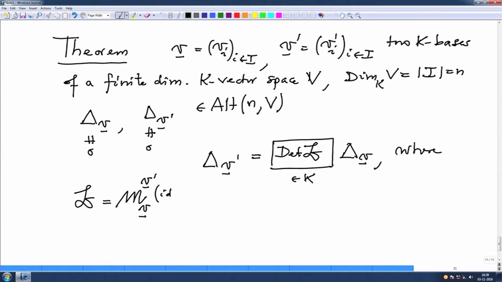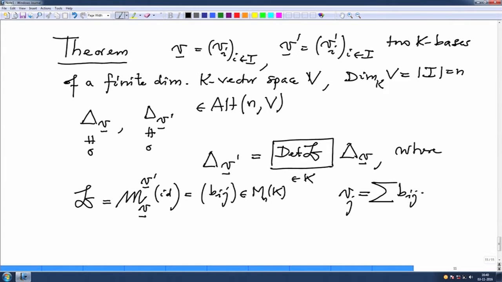If you remember, this is nothing but B_ij, a matrix in M_n(K), and these B_ij are defined by the equation Vj equals the summation of B_ij Vi prime, where i is from 1 to n and j is 1 to n.